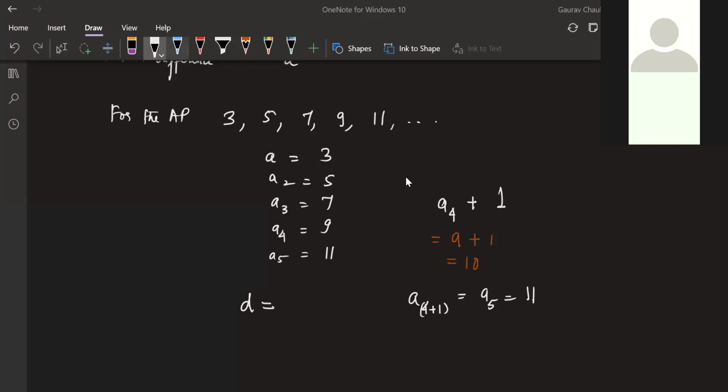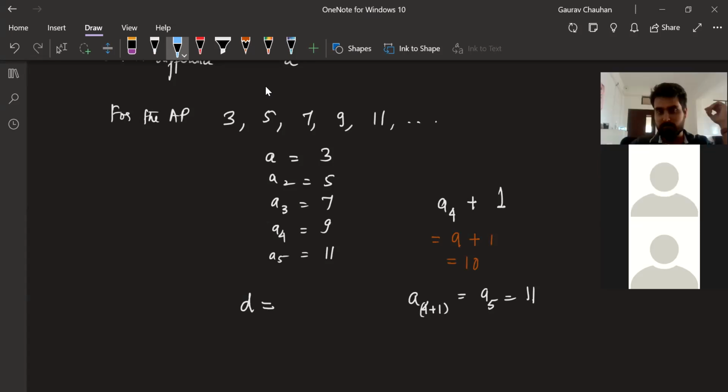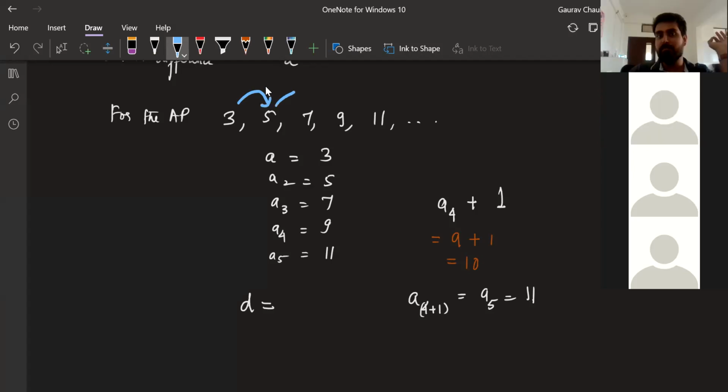And why are you saying 2? Sir, because if we add 3 to 2, we'll get 5. 5 to 2 will get 7. Perfect. So the fixed number which we are adding every time is 2. Every time we are adding 2, we are getting the next term. That's why common difference is 2 here.